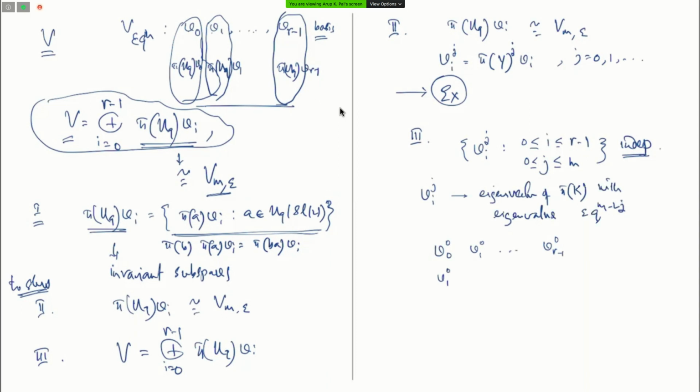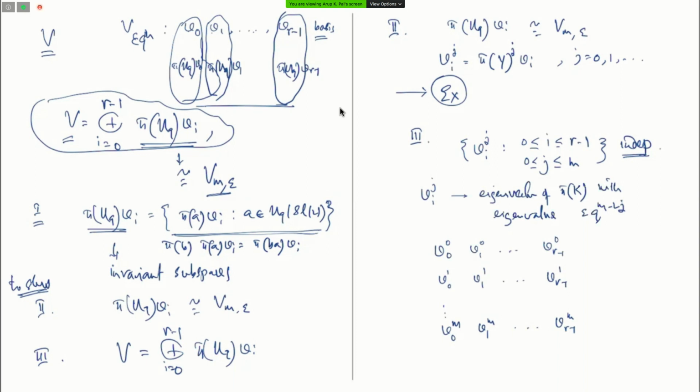V0^1, V1^1, up to V(r minus 1)^1, and so on up to V0^m, V1^m. So what we are trying to show is that this entire array is an independent collection, right?